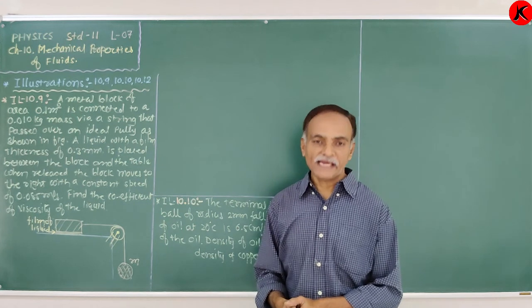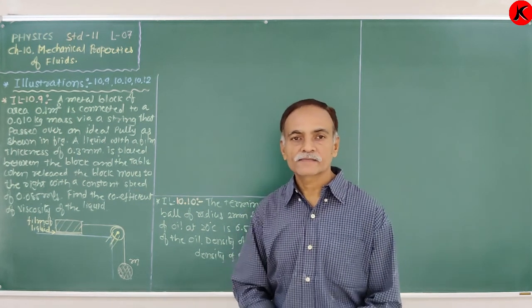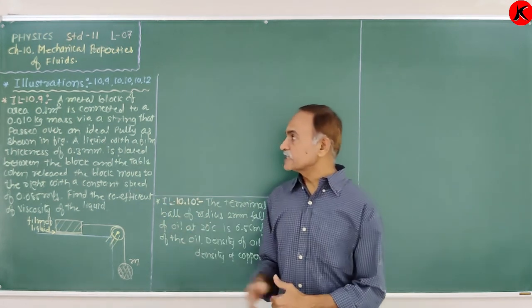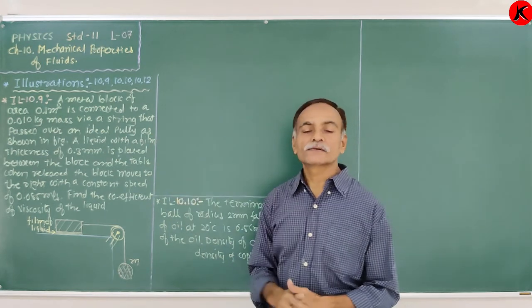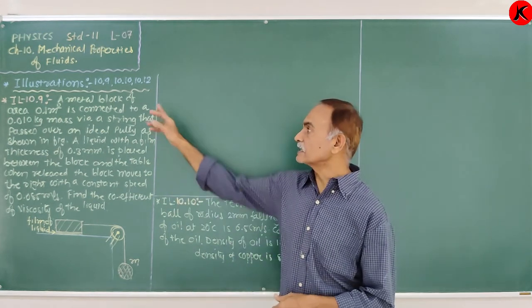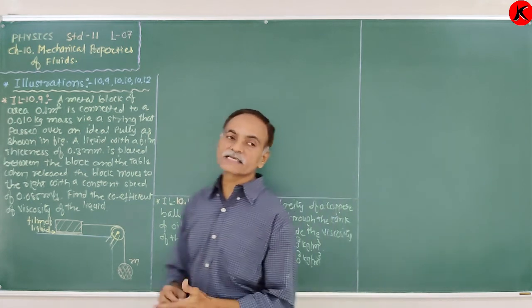How do we find out the coefficient of viscosity, eta, for a given liquid? So here we are using the concept. First we write down what data are given. The metal block of area is given.